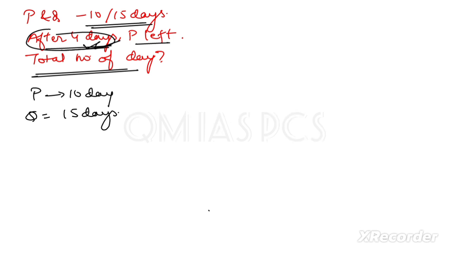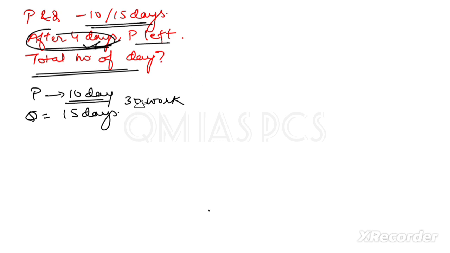Before solving the next question, let's try another method, the percentage method. We take the LCM of 10 and 15, so it will be 30. If P takes 10 days and the total work is 30, how much work can be done in one day?